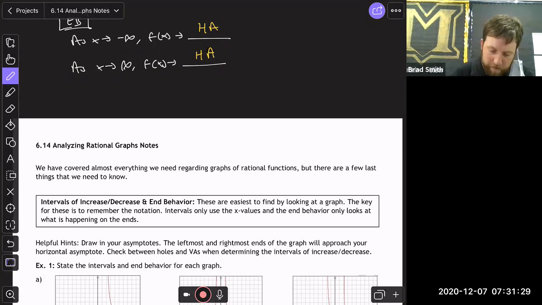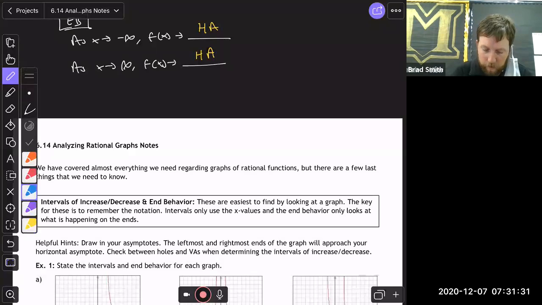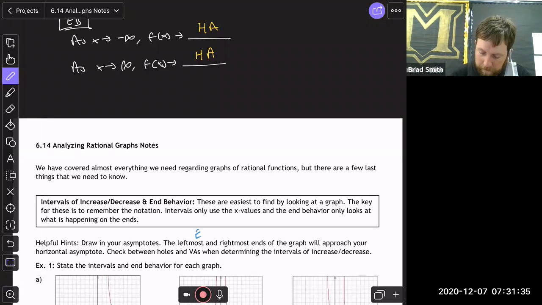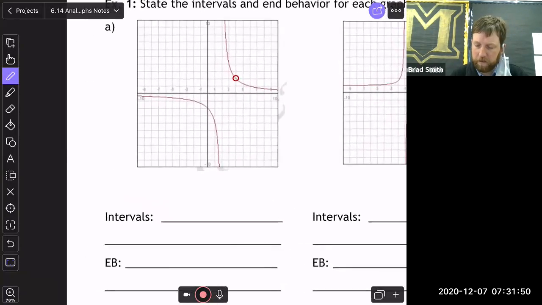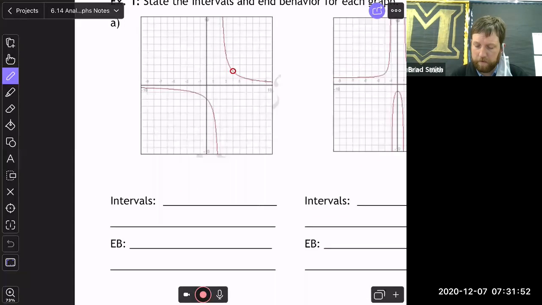Remember, that is your end behavior by definition, what's going on at the left and what's going on at the right. And then check between the holes and your vertical asymptotes to determine your increase and decrease. So that's kind of what we're looking at here. So looking at a few of these, and then I'll turn you loose. So state the intervals and end behavior, and we're good to go.